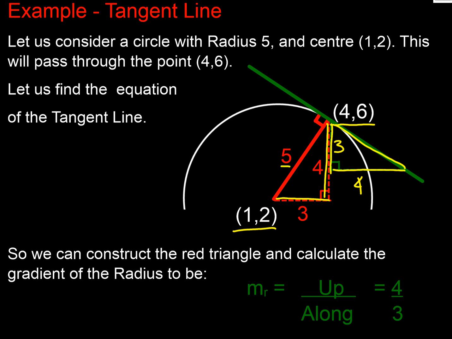So we can quickly see that because it's at right angles, the gradient of the radius is 4 over 3, and the gradient of the tangent is minus 3 over 4, because it went down, didn't it?